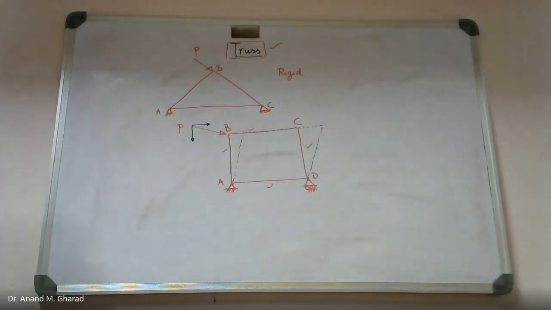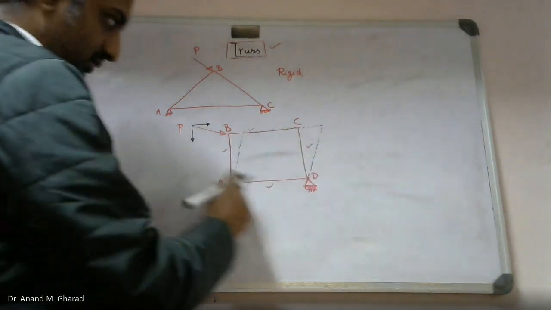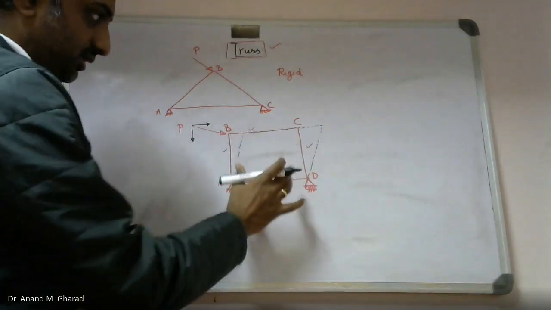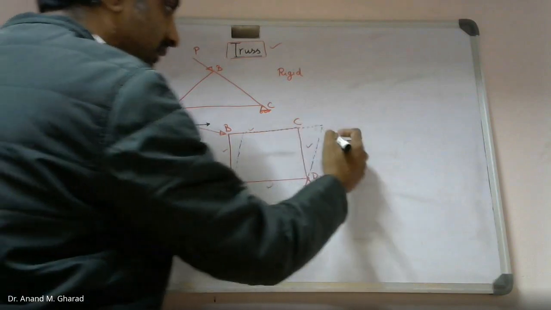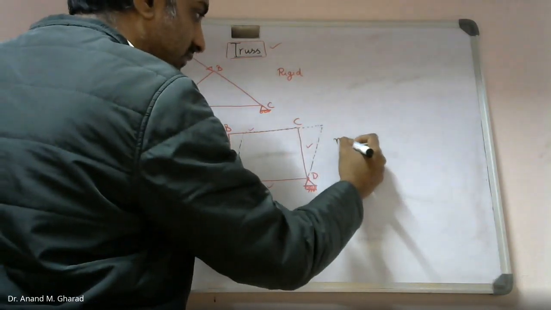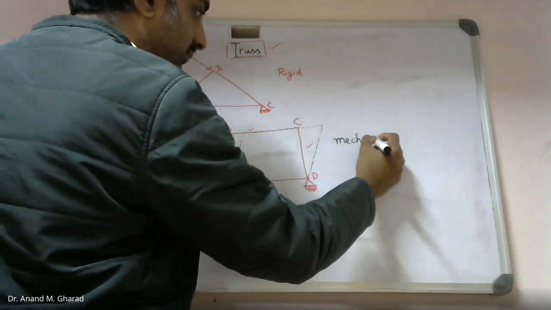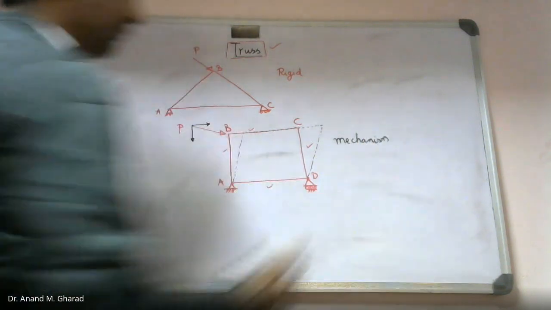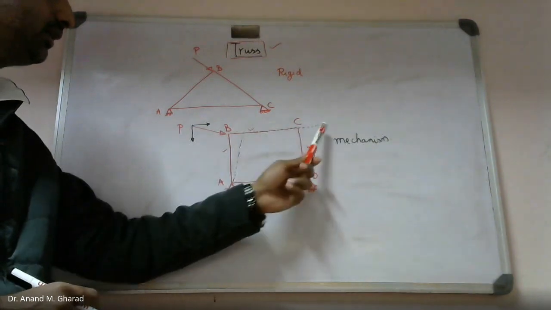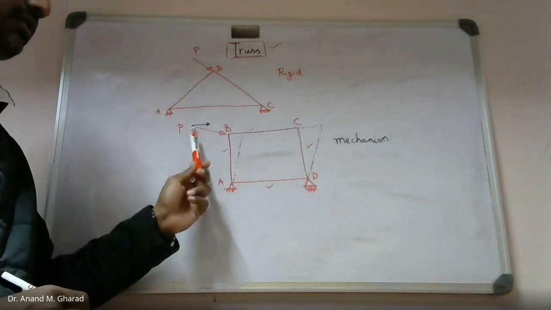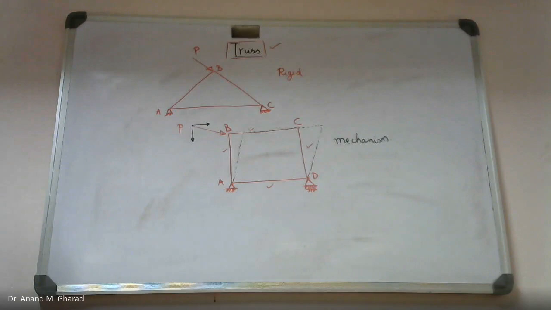So this structure is not a rigid structure, right? And it is known as a mechanism, wherein you will find relative movement of the members by virtue of the external force.